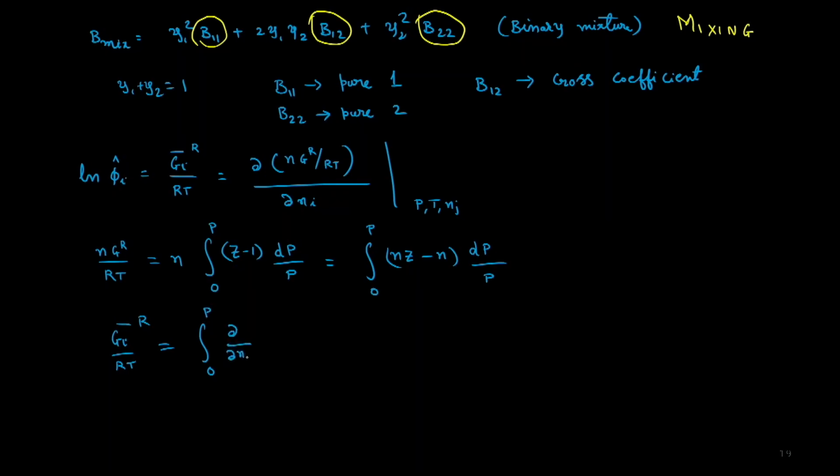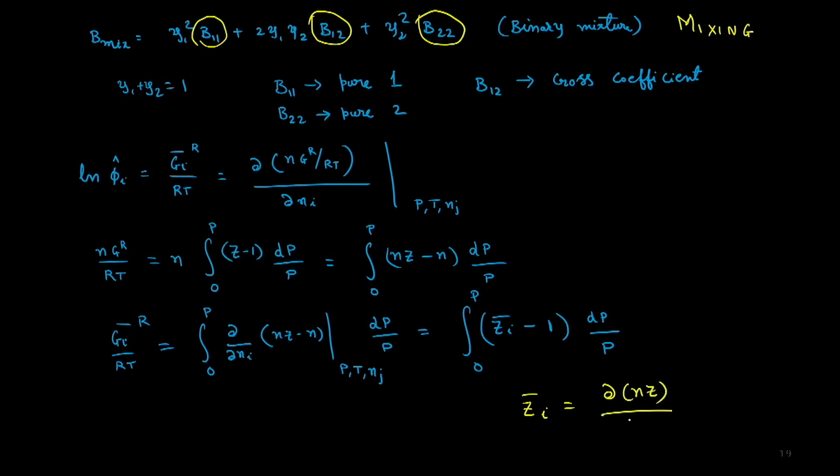It will be the derivative with respect to Ni of (NZ minus N) at P, T and Nj, dP over P. And that will be the integral from 0 to P of the derivative of NZ over Ni, which we can call the partial molar compressibility factor Zi bar, minus the derivative of N with respect to Ni, which, if you recall, is 1, dP.